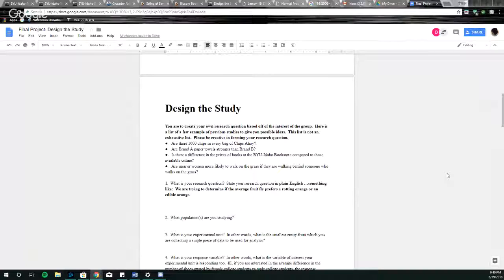Okay, so I don't know. I don't want to repeat that example because there's already one in the lesson. So maybe we could do one of the ones on the bookstore examples: is there a difference in the price of books at the BYU Idaho bookstore compared to those available online?